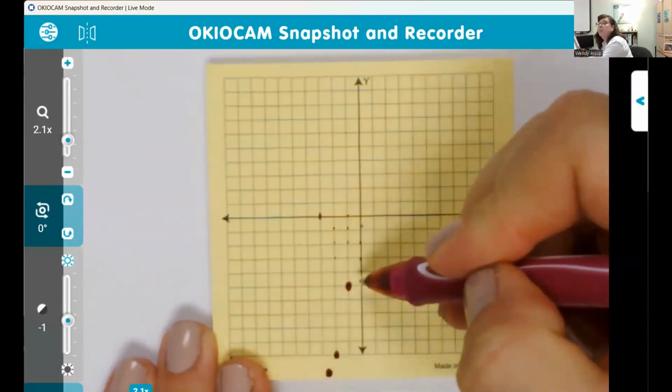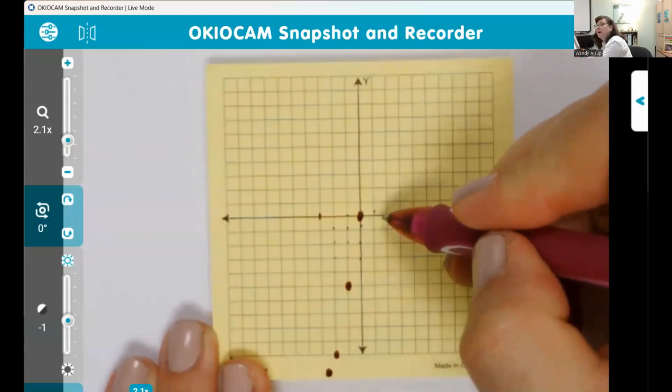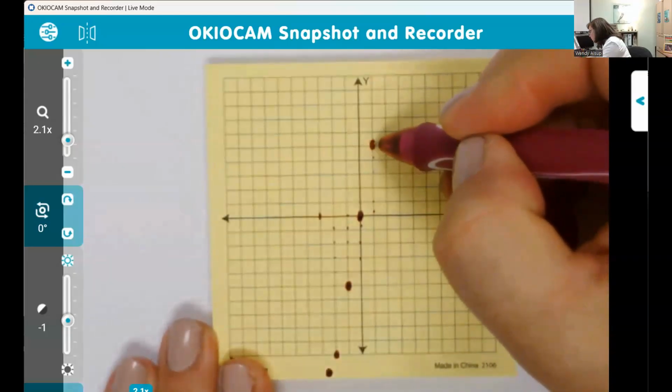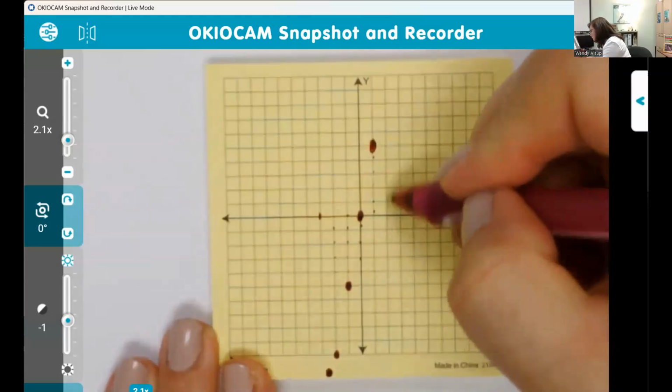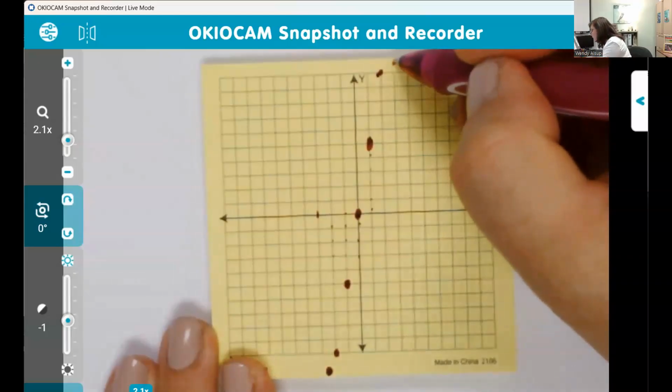Okay, so far it's 1-to-1. (0, 0), (1, 5). Still 1-to-1. (2, 10) somewhere here, and (3, 15) somewhere way up here.